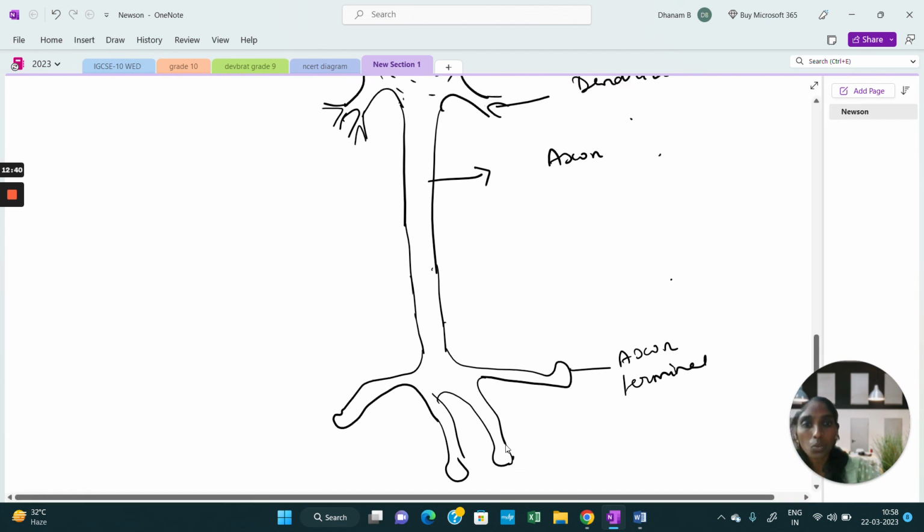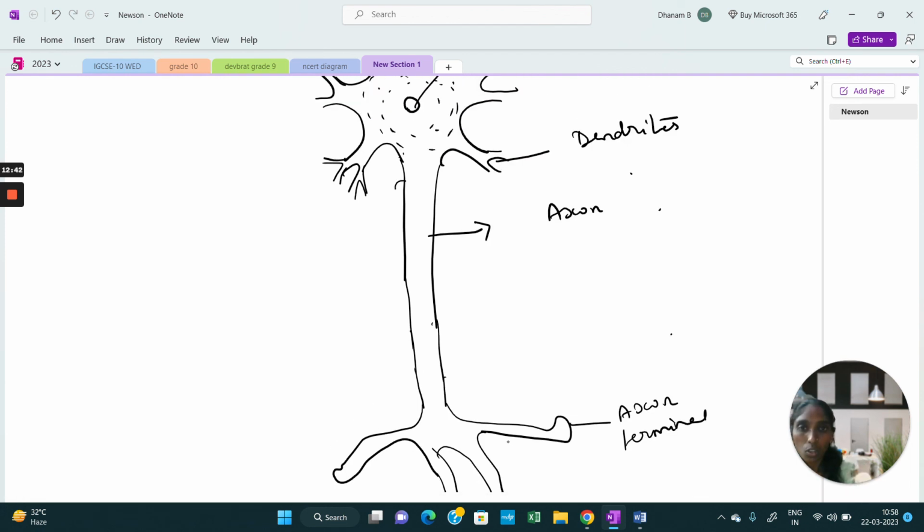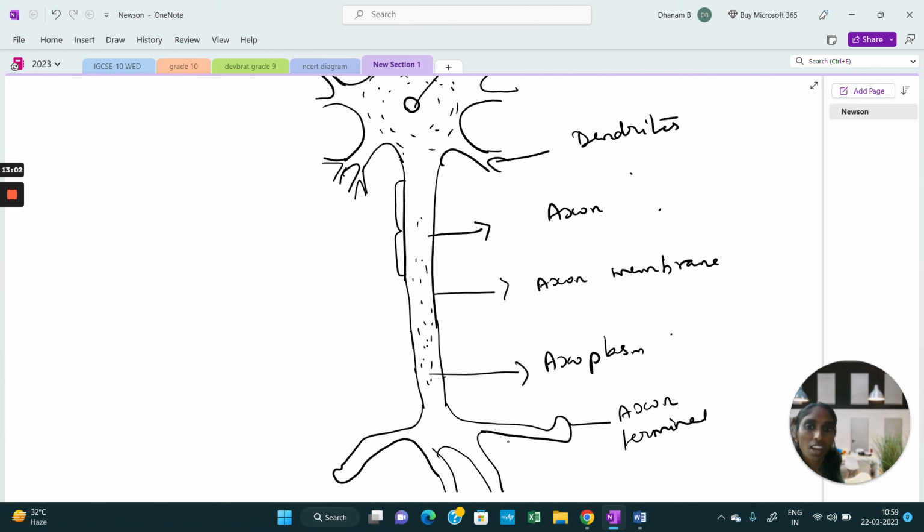And remember one thing, this is the axon membrane. So exchange of ions takes place through the axon membrane. The internal part of the axon membrane is called axoplasm. And this is the myelin sheath, which is formed by the Schwann cells.